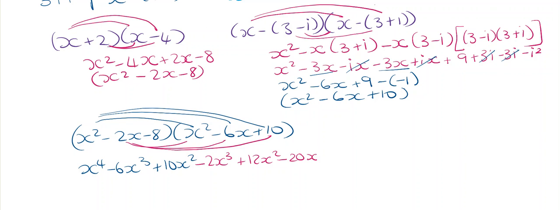And now we can look at the final term, minus 8. So minus 8 times x squared is minus 8x squared. Minus 8 times minus 6 is plus 48x. And minus 8 times plus 10 would be minus 80.